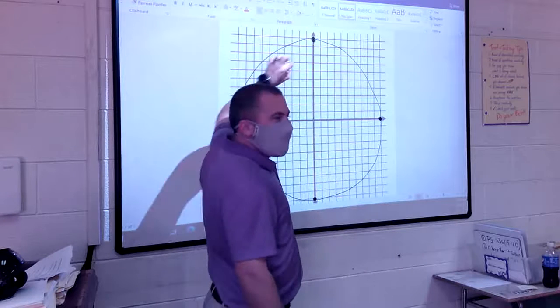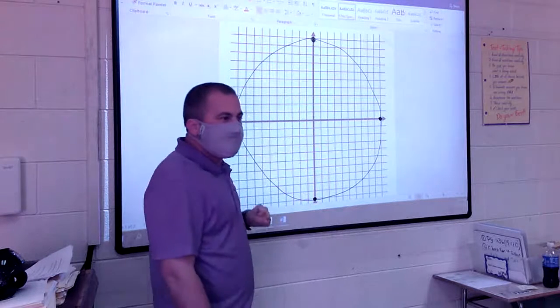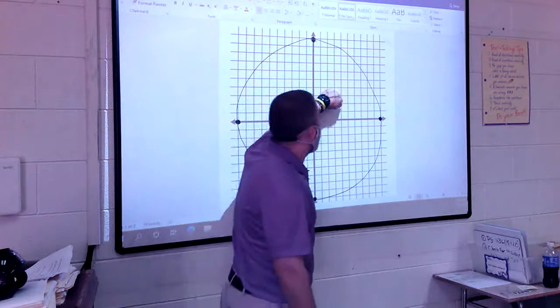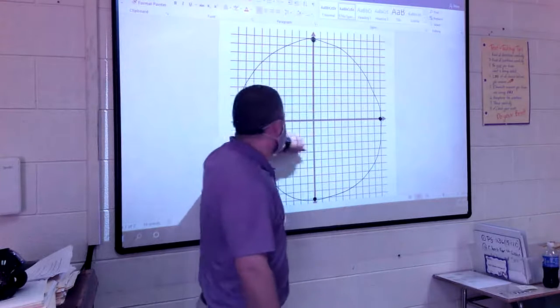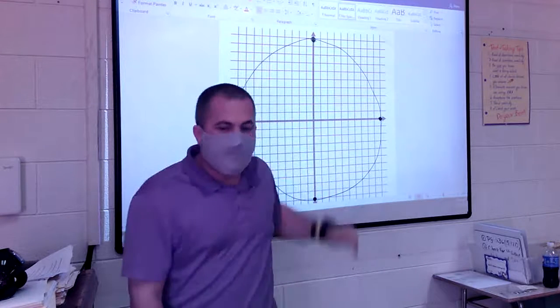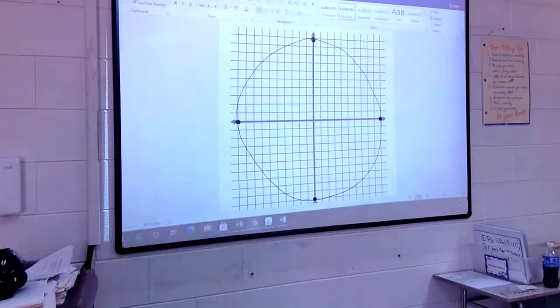All the way around a circle is 360 degrees. So in each quadrant, there's 90 degrees, and all the way around would get us to 360. We're going to draw a couple lines in each one.